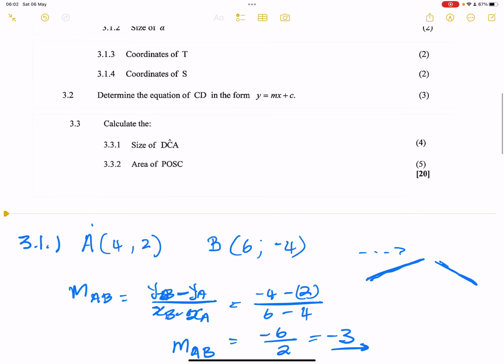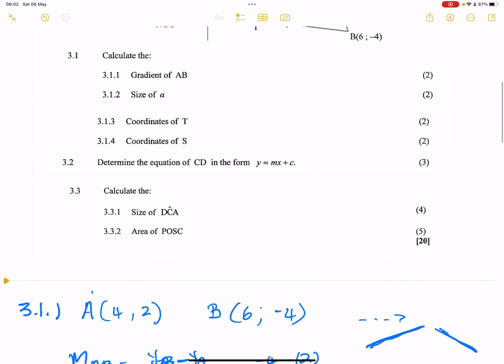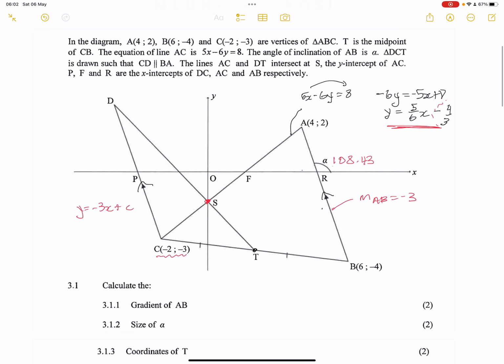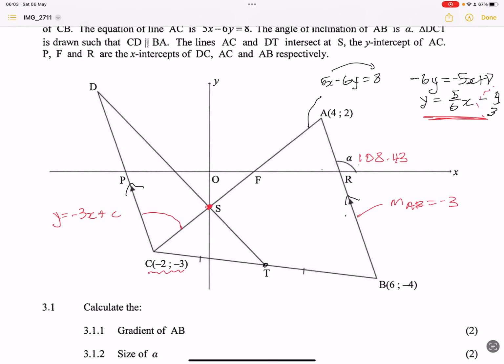All right. They say calculate the size of DCA. So this is angle DCA. Can you see that?